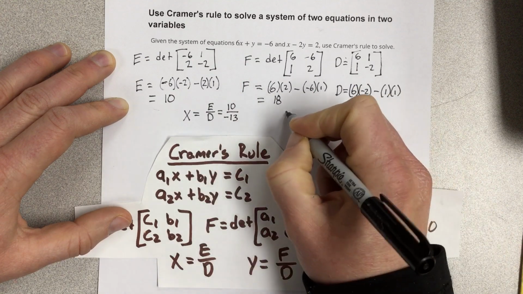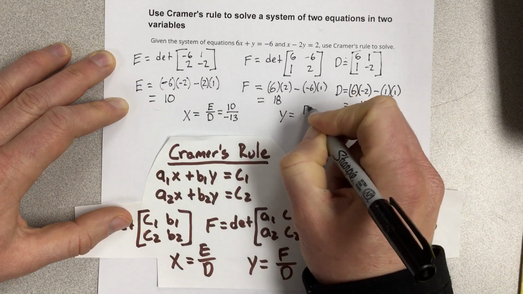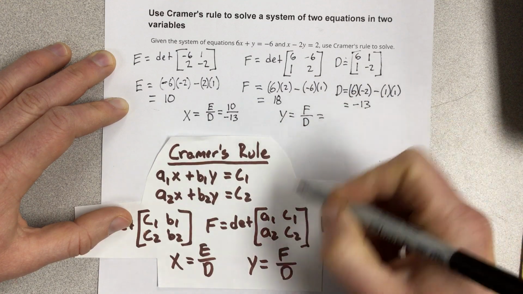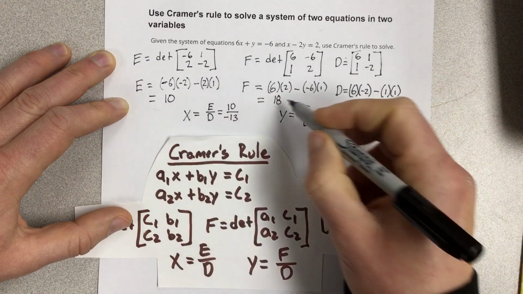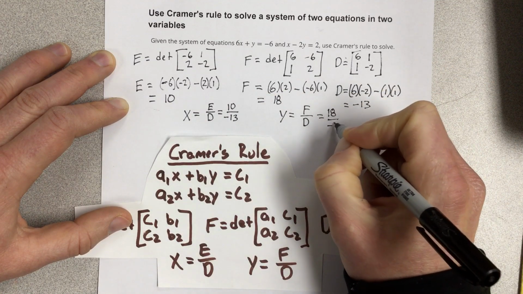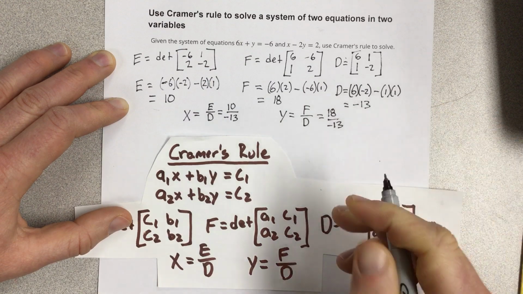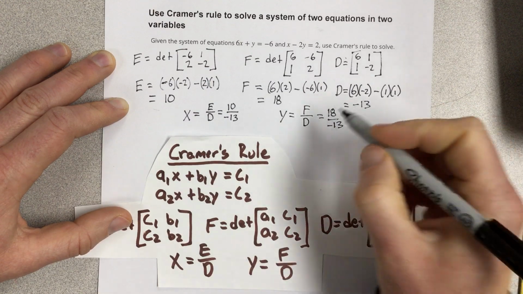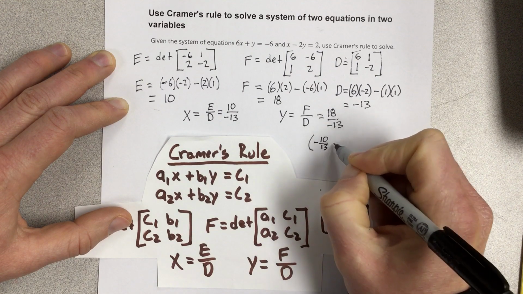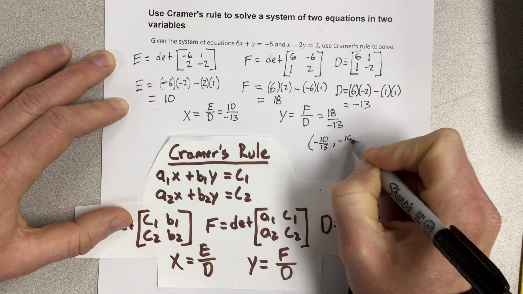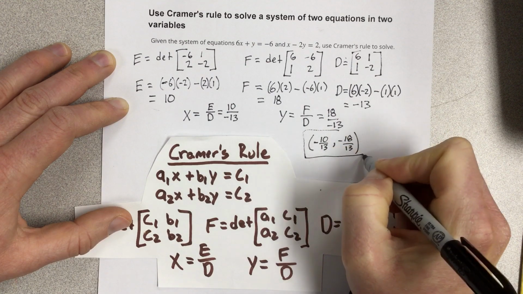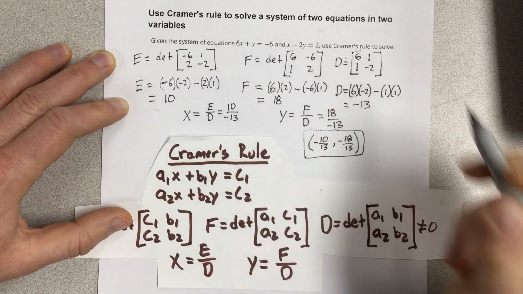And y is going to be F over D, which is equal to 18 over -13. And so our coordinate for this would be -10 over 13, comma, -18 over 13. And this would be our solution to the system using Cramer's rule.